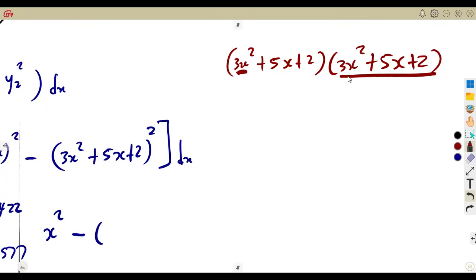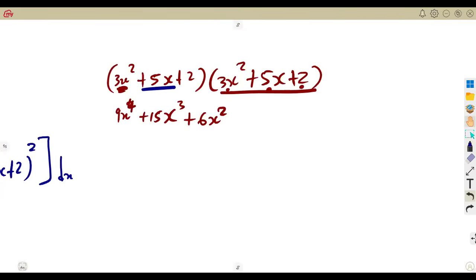So it's 3, multiplying the 3 there, which is going to be 9x to the exponent of 4. 3 and 5, that is 15x to the exponent of 3. 3 and 2, that will be 6x squared. We are done with the 3, move on to 5.